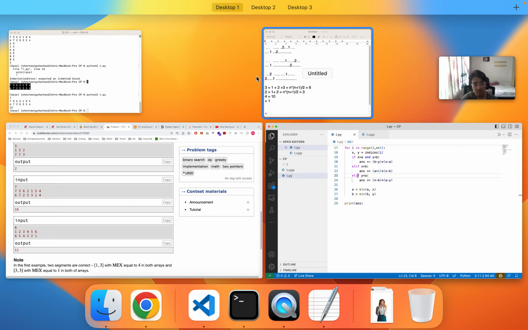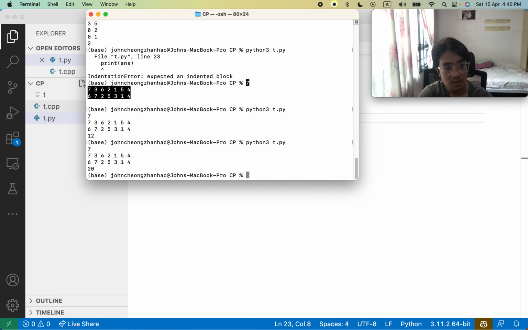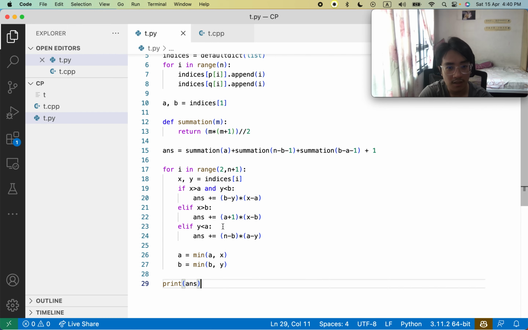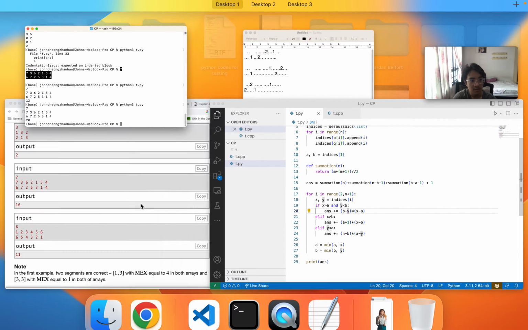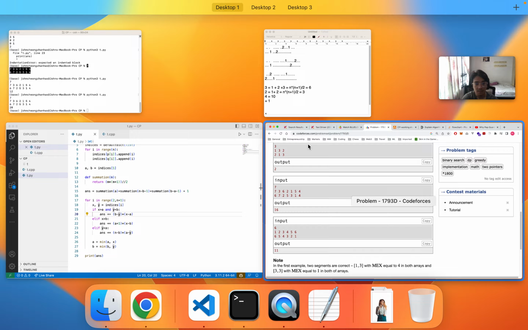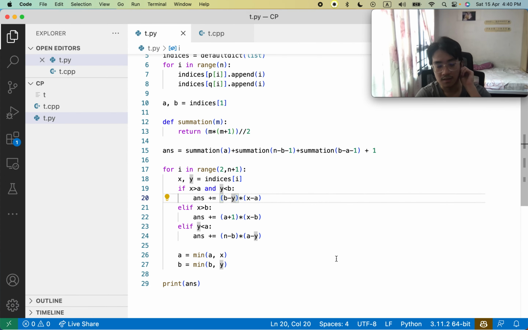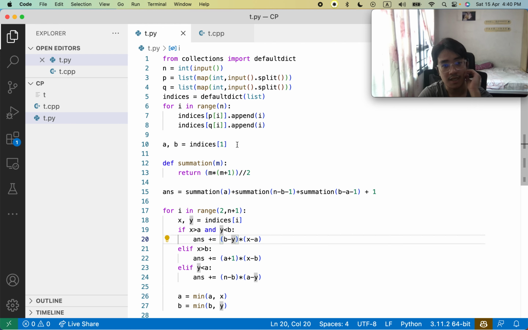Right, so 20, that is wrong. Okay, because the answer here is 16. Let's see. This was correct, and we're using a and b values here.